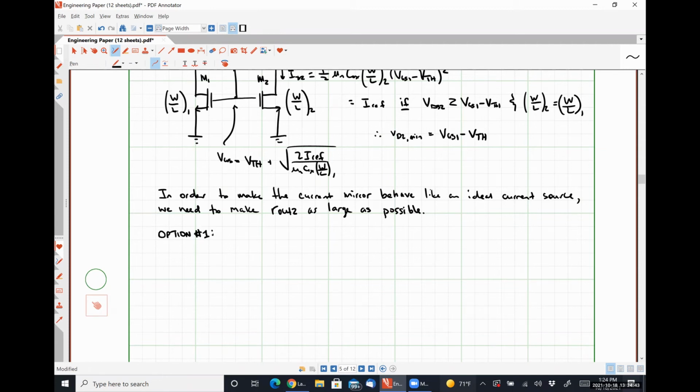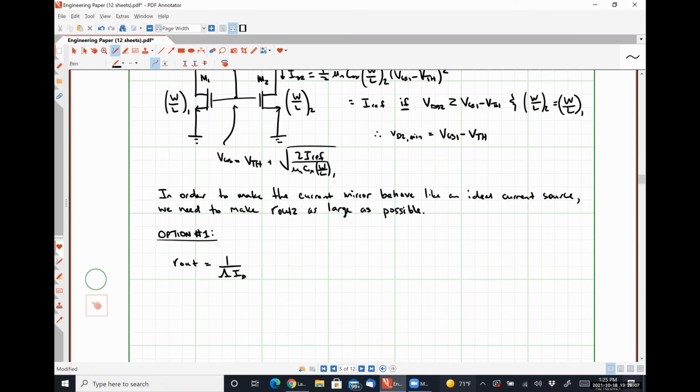Option number 1. So we know that R out is equal to 1 divided by gamma multiplied by ID.